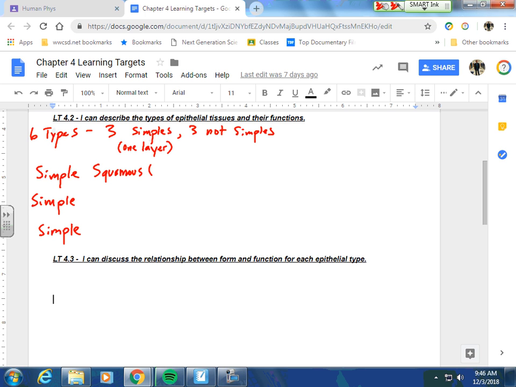So we can have squamous, flat. We can have what else? Cuboidal, cube-shaped. Columnar, which is column-shaped. Good.